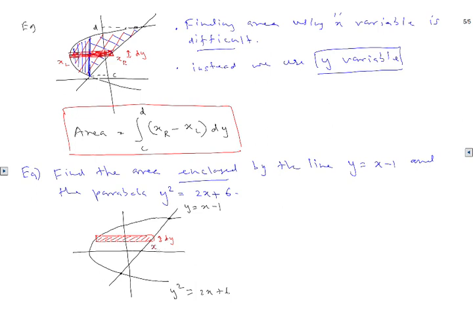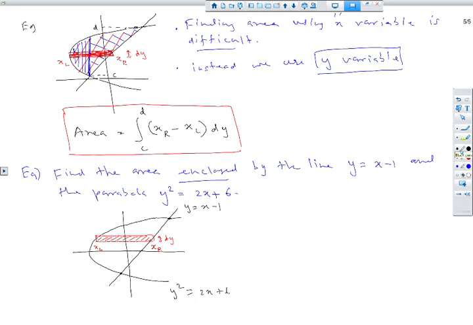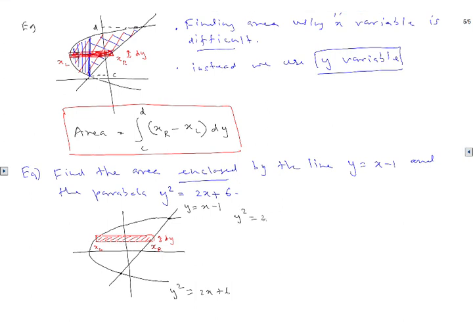So we need to find the corner on the right, and the corner on the left. That means we're going to solve the two curves for the x variable. Let's solve for the left one. We have y squared equal 2x plus 6. So x equals what? We bring it to the other side and divide, so it is y squared over 2 minus 3.